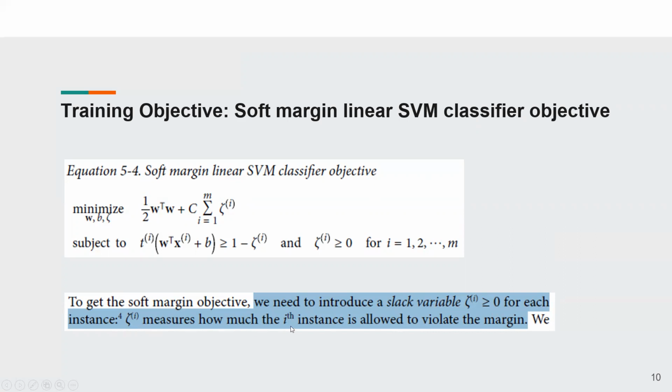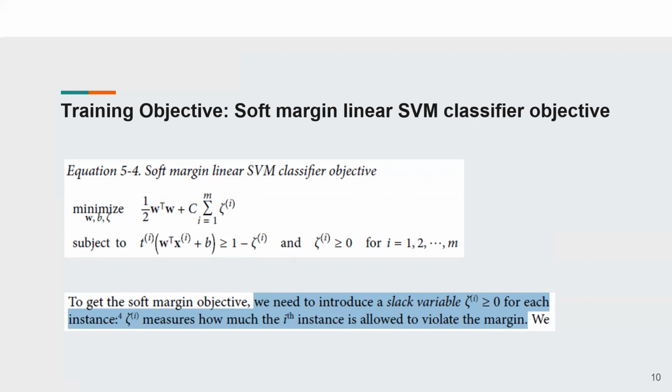Zeta measures how much the ith instance is allowed to violate the margin. Once we have this, you don't necessarily need to be larger than or equal to 1, you could be larger than or equal to 0.9. And then you use that slack to penalize your objective function. So this is called the soft margin linear SVM problem.